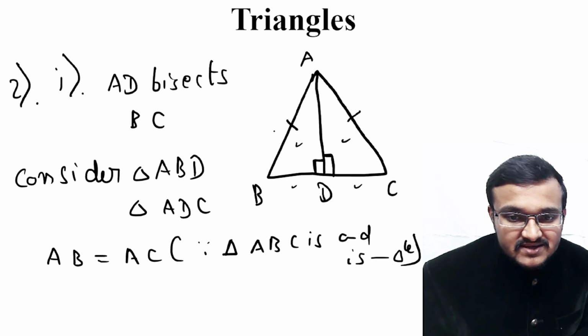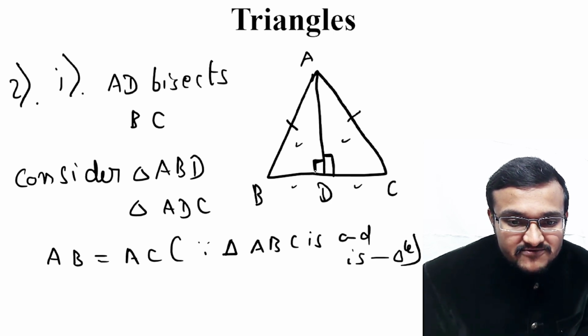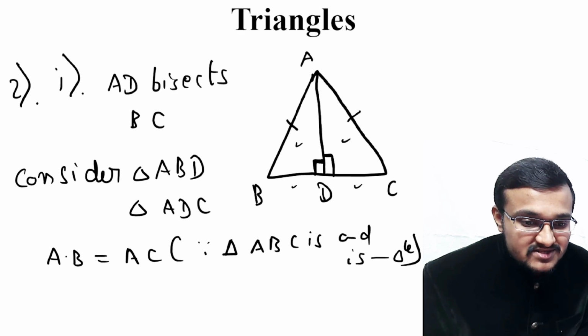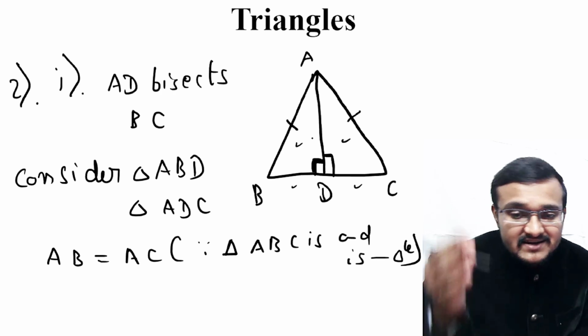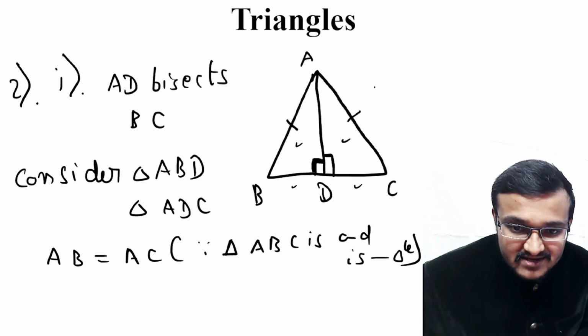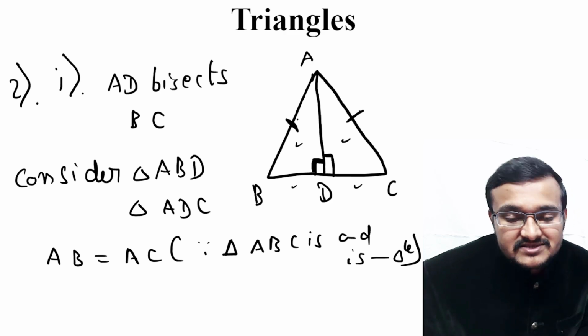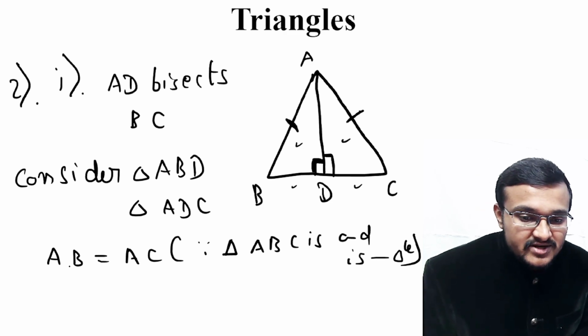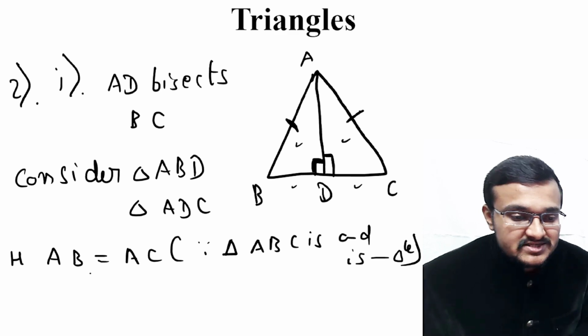AB acts as the hypotenuse of triangle ABD because this particular angle is 90 degrees. So ABD is a right angle triangle and ADC is also a right angle triangle. For ADC, AC is the hypotenuse, and for ABD, AB is the hypotenuse. So now we have proved that the hypotenuses are equal to each other.